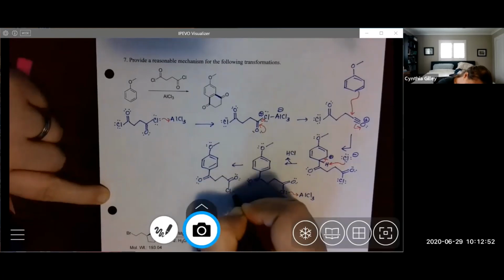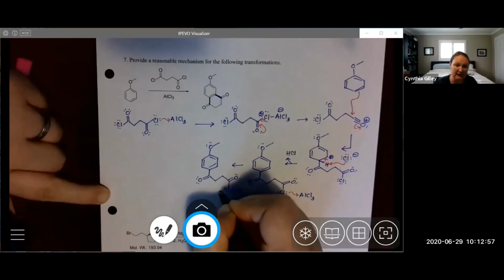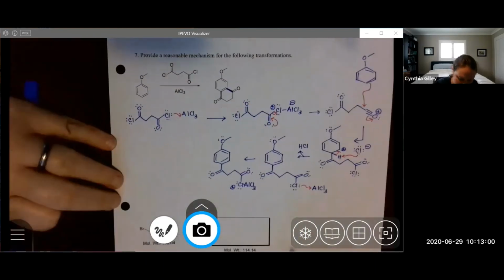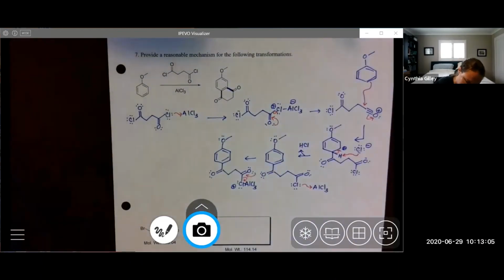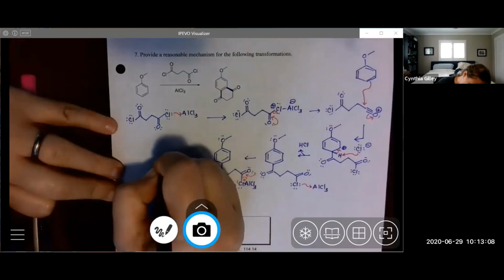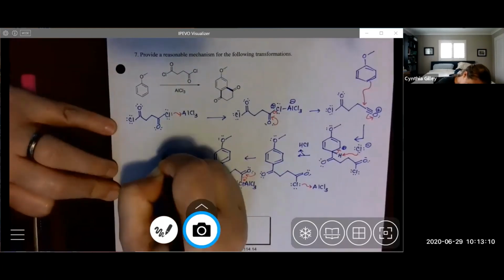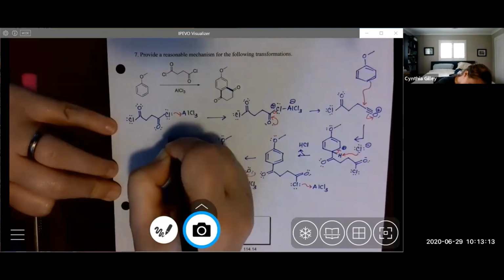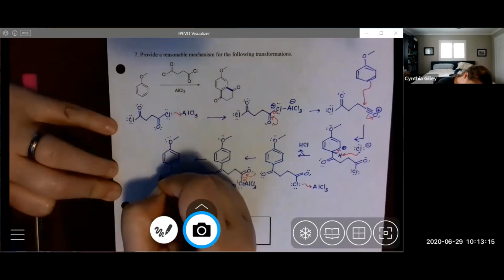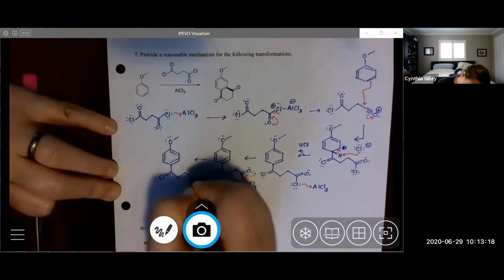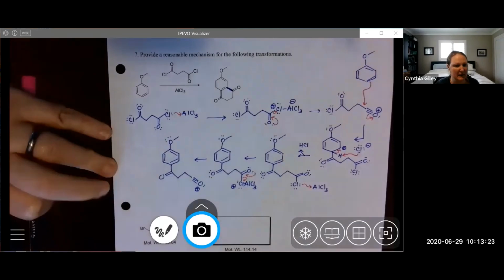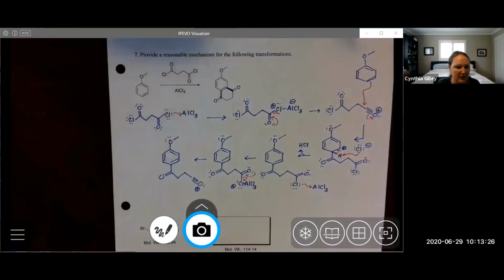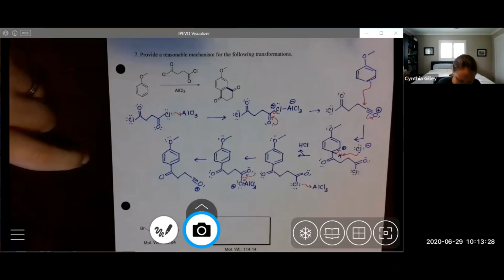Once we have our complex, use that as a leaving group, and form an acylium ion, which we know can be attacked by the ring. Draw that acylium ion. Try to make sure we don't add or lose any carbons by accident.